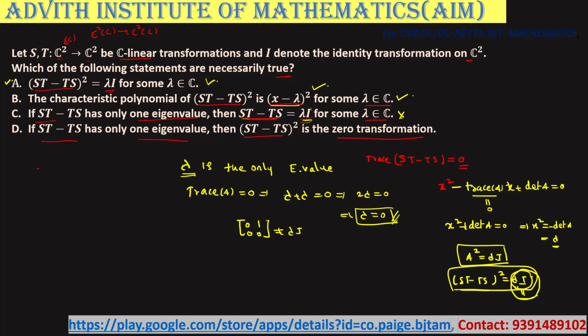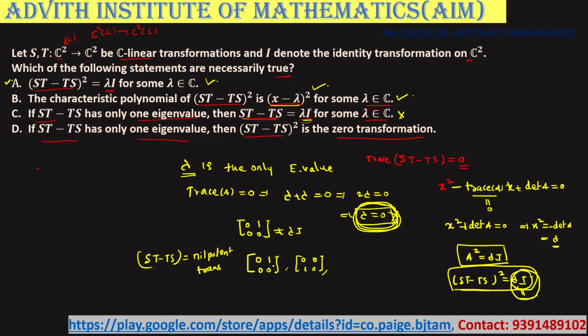Option D: if ST minus TS has only one eigenvalue, then (ST minus TS) whole square is the zero transformation. Does that happen? If the only eigenvalue is zero, then ST minus TS should be a nilpotent transformation. So it must be the matrix 0 1 0 0, or 0 0 1 0, or any 2 by 2 nilpotent matrix.